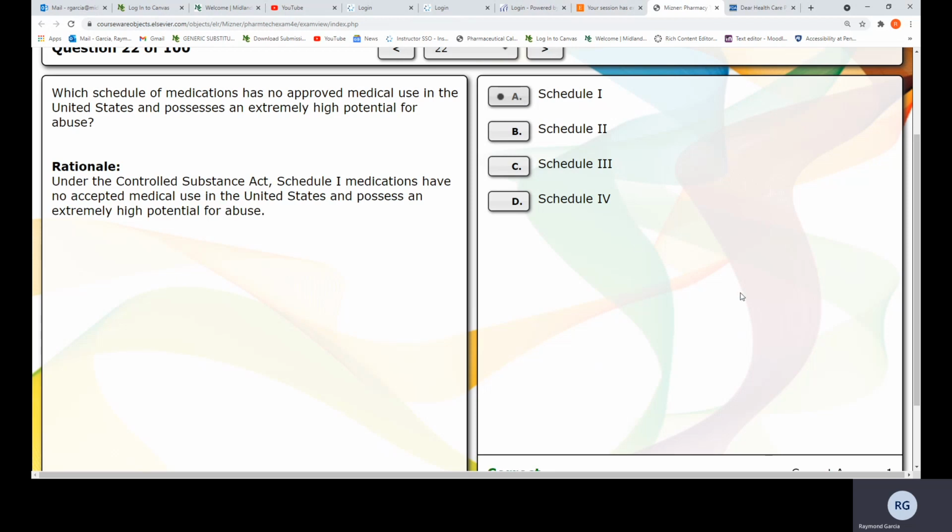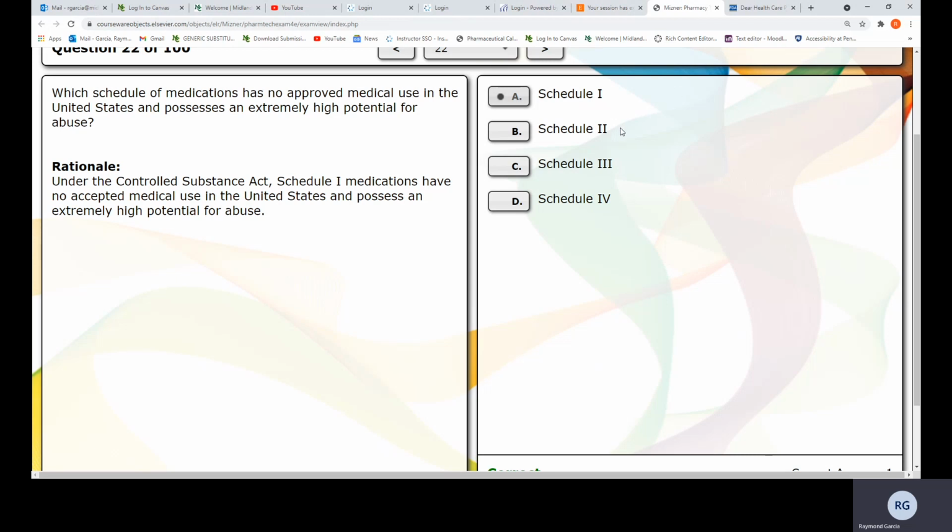Under the Controlled Substance Act, Schedule 1 medications have no accepted medical use in the United States other than cannabis, which I'm pretty sure they're going to take that off, and possess an extremely high potential for abuse.